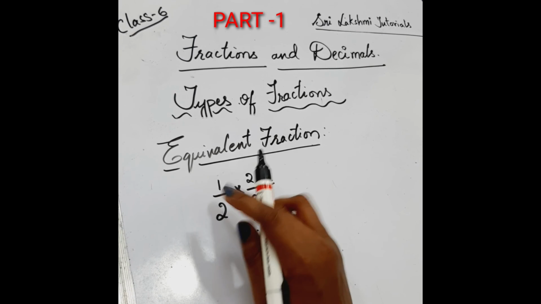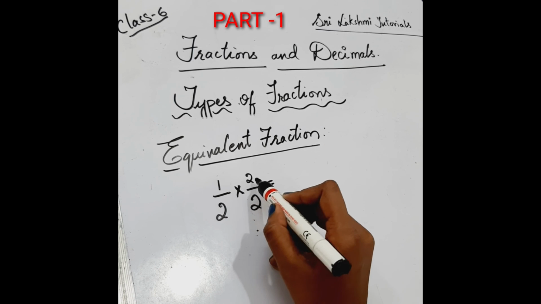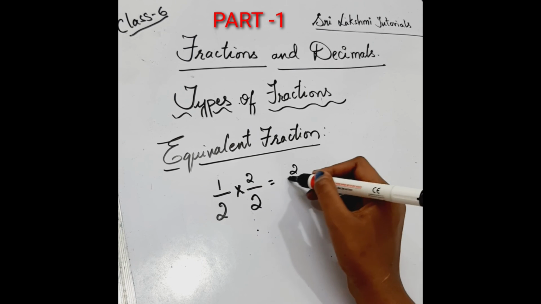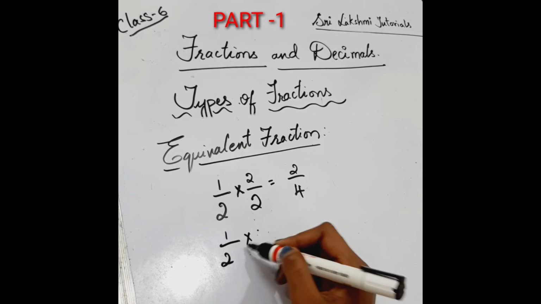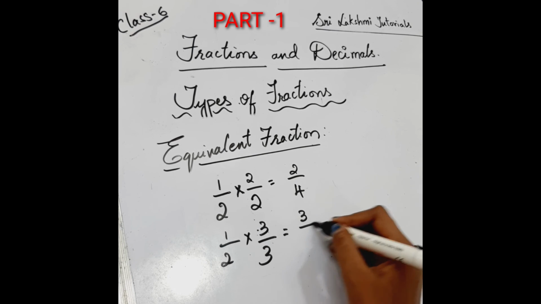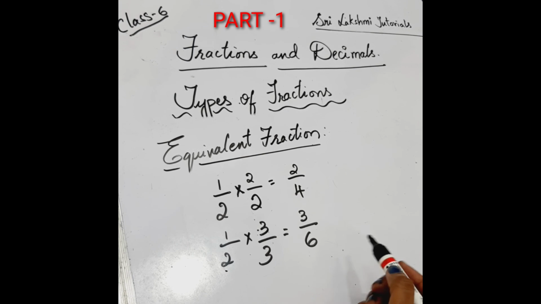I am multiplying numerator and denominator with the same number. 2 1s are 2, 2 2s are 4. And next, 1 by 2 into 3 by 3 is equal to 3 by 6. 1 3s are 3, 2 3s are 6.